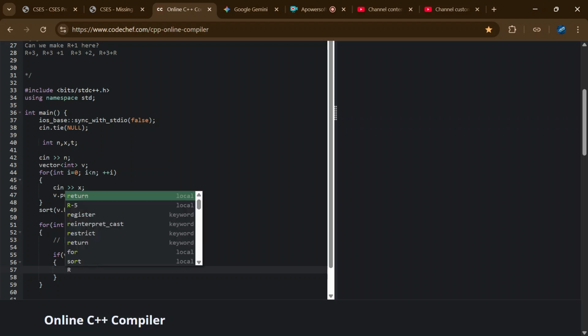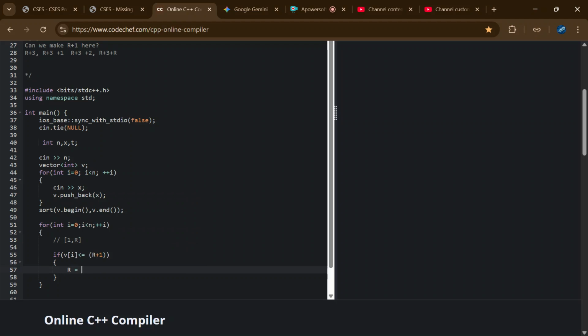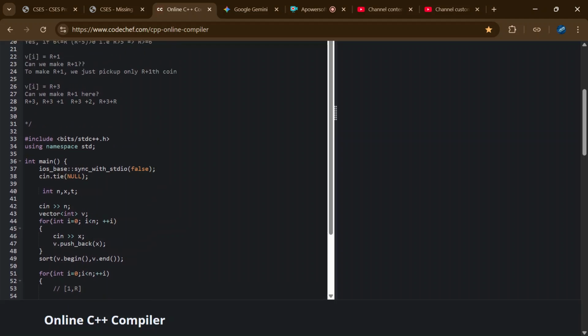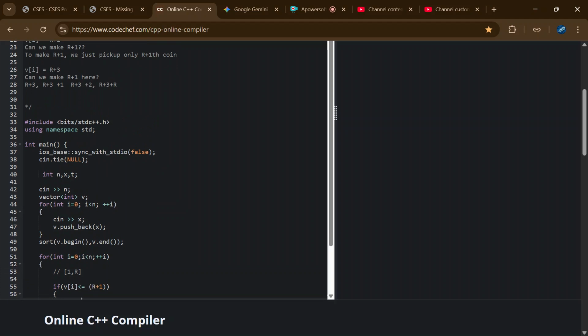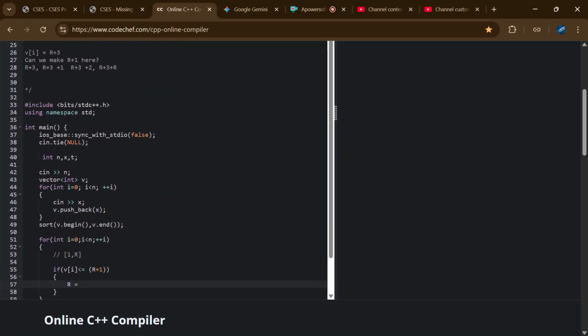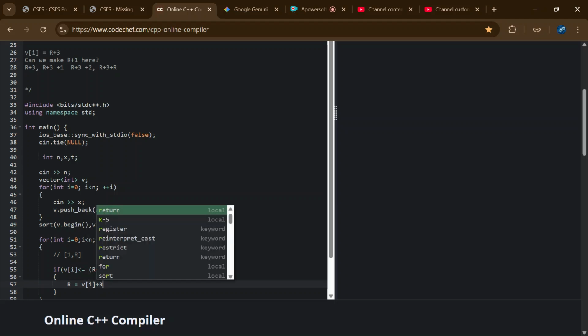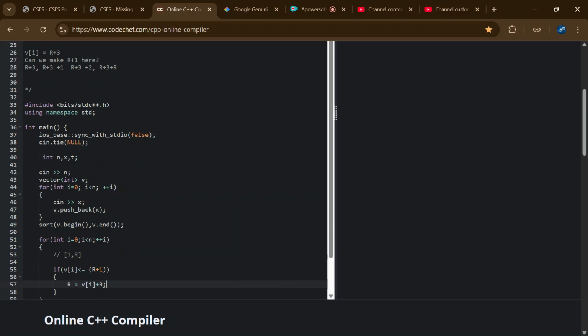Our r would become our new range. Since we can make v of I, v of I plus 1, v of I plus 2, r would be v of I plus r. So this is our new range: we can make from 1 to v of I plus r.